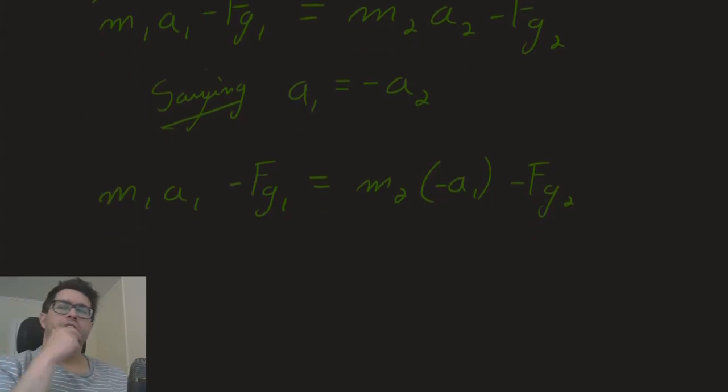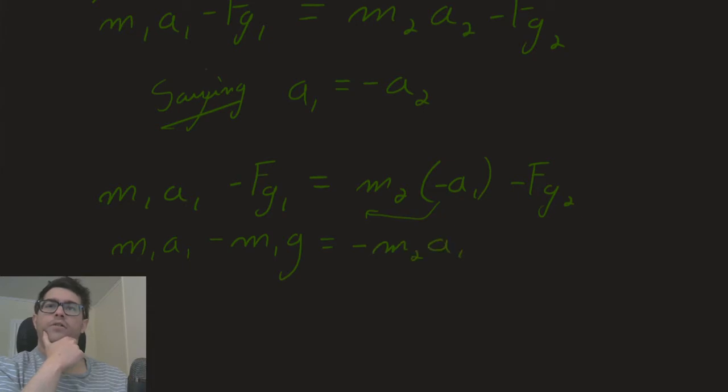And now we're ready to do the Atwood formula. M1A1 minus M1G equals, and I'll put the minus in front, M2A1 minus M2G.